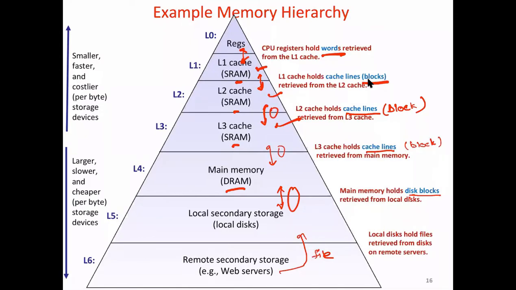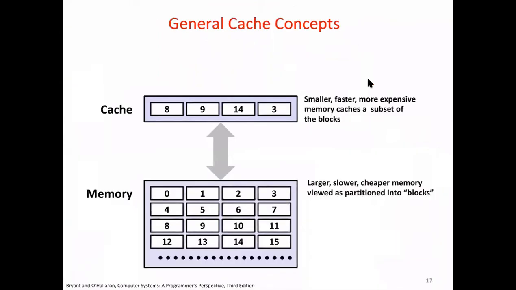A cache line has a few other information bits. Some authors say it will also have a tag. We'll note that later. Let's look at this example. This is a cache on top and below is memory. Note that cache is always small in size, faster, and more expensive.